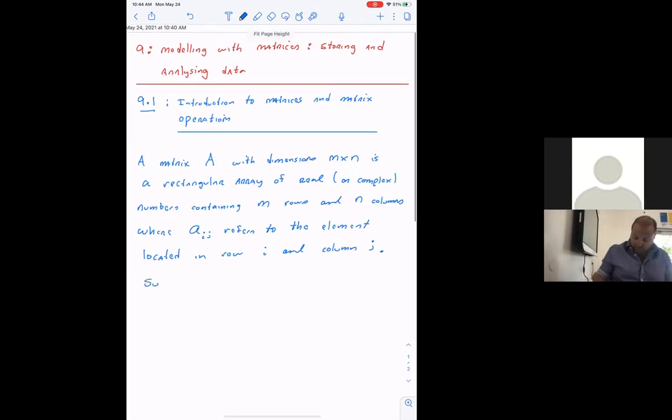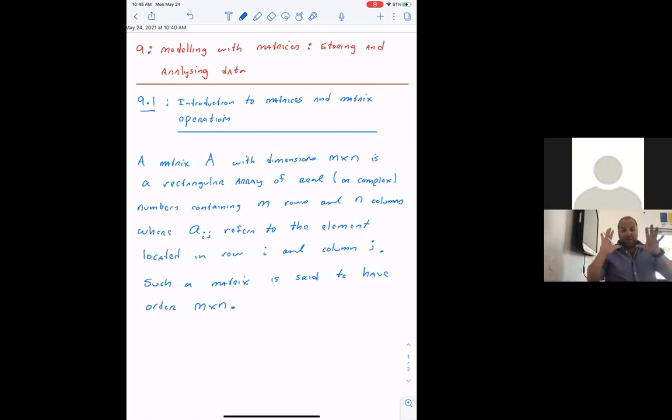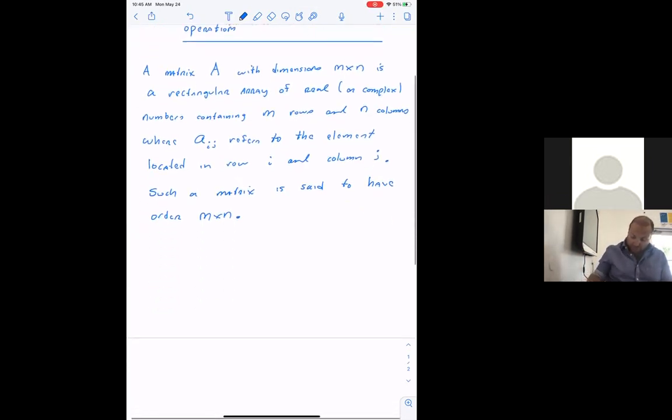And such a matrix is said to have dimension or to have order m by n. The dimensions are m by n, and we say it has an order m by n. They're synonymous.